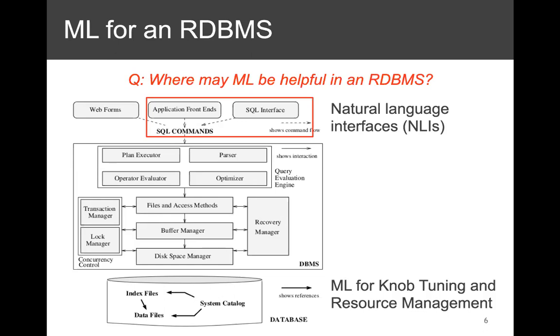They may not know SQL. And so they still want to ask questions about customer behavior, purchase behavior, ad behavior. If we can allow them to express these sorts of queries in natural language, then we can use ML techniques, specifically natural language processing techniques, to convert those English language statements to SQL. And that's a very hard problem. People have been studying this for almost 3 decades now, both in the database community and in the AI community.